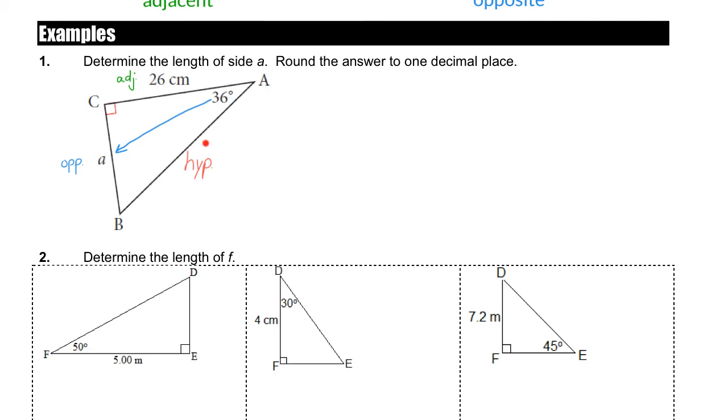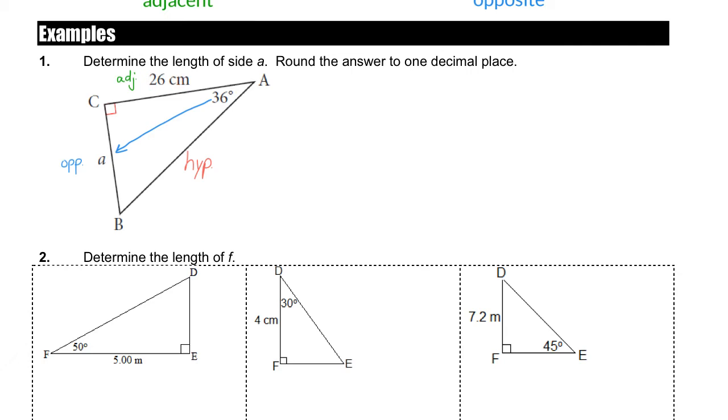I don't have any information about how long the hypotenuse is, and I'm not interested in finding the hypotenuse. I'm interested in finding the length of the opposite side, and I'm given the length of the adjacent side. So I have to think which of my trig ratios utilizes opposite and adjacent.